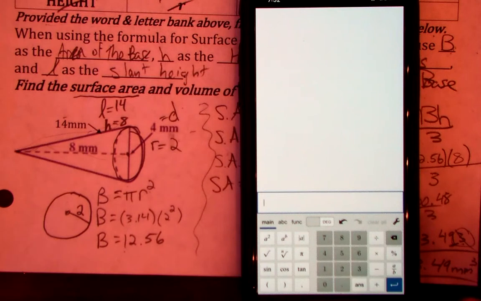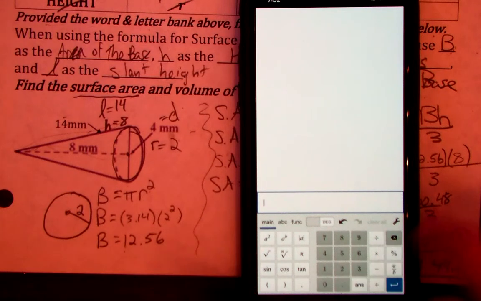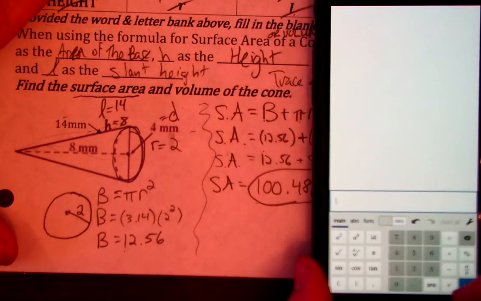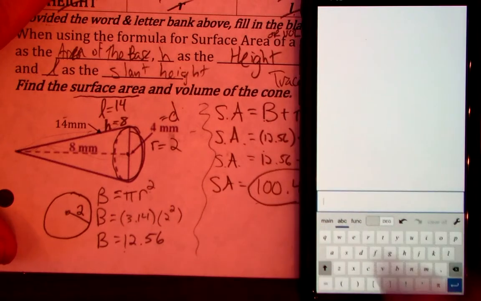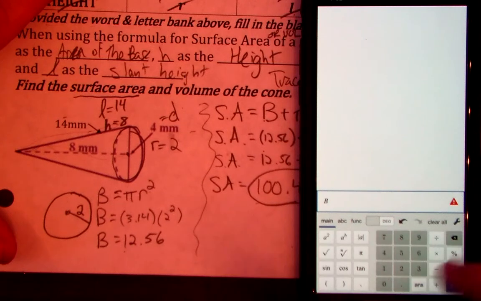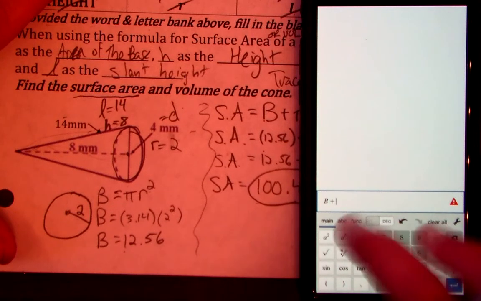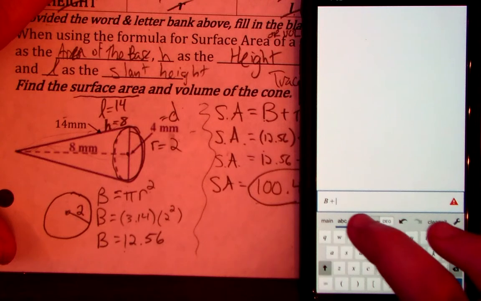Let's have, again, for surface area, we're saying, let's bump this over. We have that big B, the area of the base, and we have plus, and then we're going to have that pi.